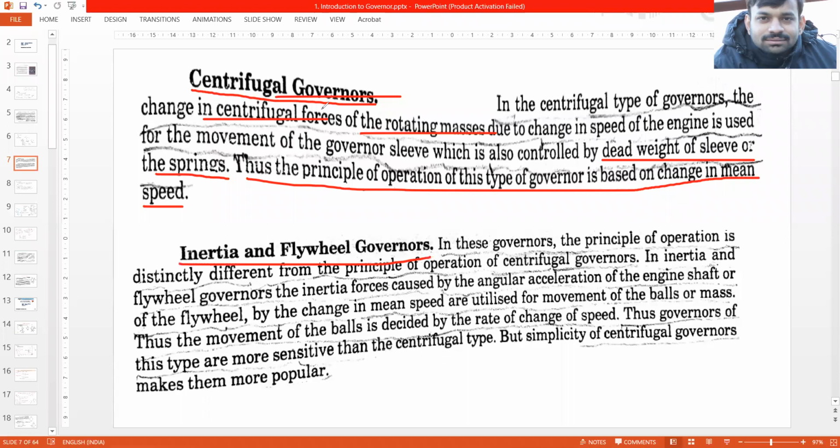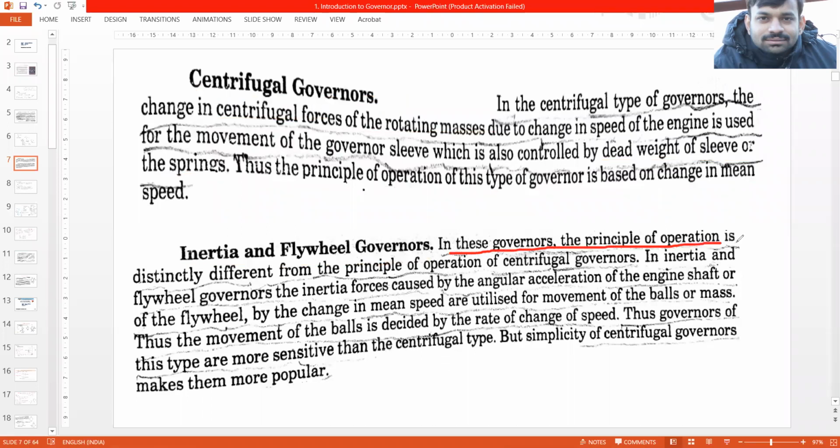Inertia and flywheel governors. The second type is the inertia governor. In these governors, the principle of operation is different from that of the centrifugal governors. In these inertia type governors, the inertia force caused by the angular acceleration of the engine shaft or the flywheel is used.